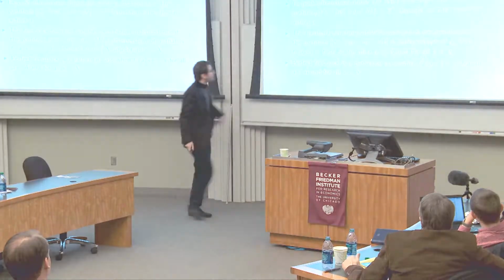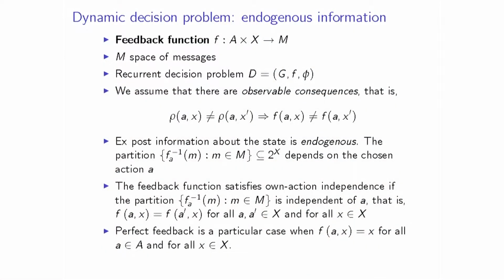Okay? We will say that there is on-action independence if the message provided by the feedback function is independent of the action chosen by the decision maker. And an important example of on-action independence is when there is perfect feedback. That is, the decision maker ex post is told which state of the world realized.